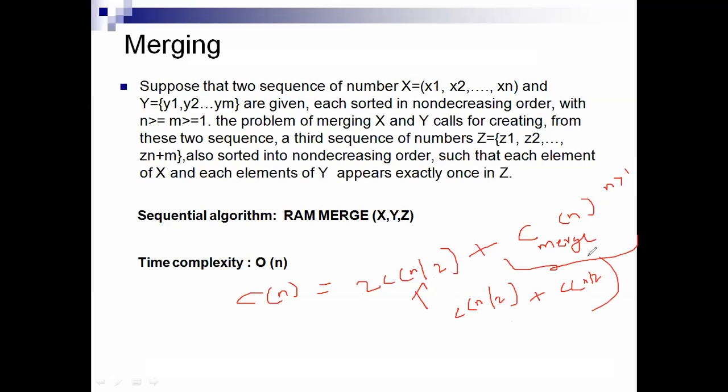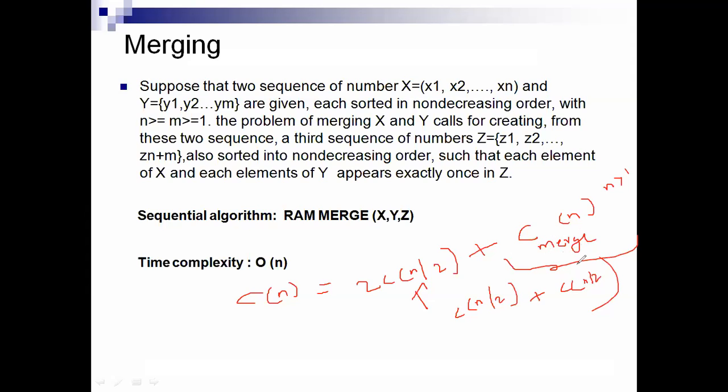So here C merge of n means the number of key comparisons performed during the merge stage. At each step exactly one comparison is made.